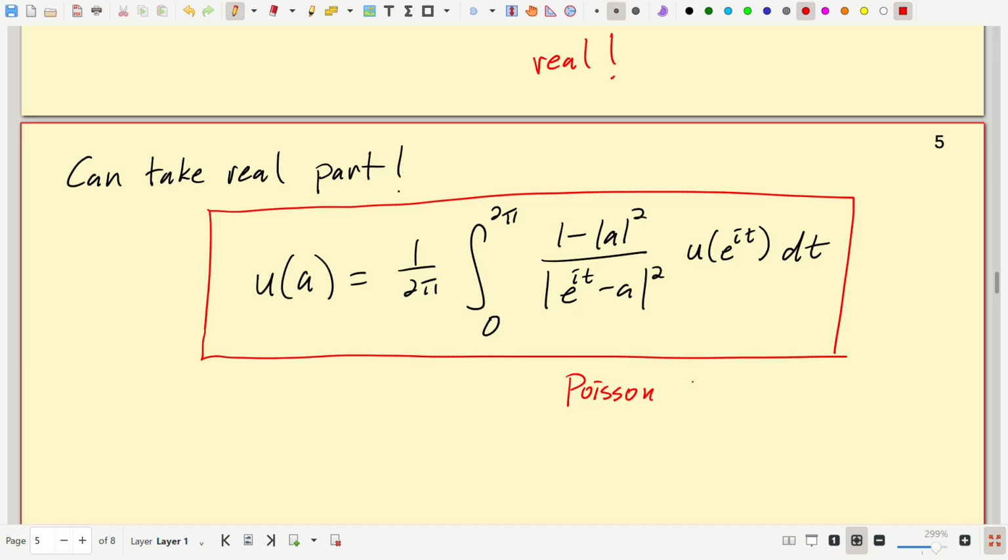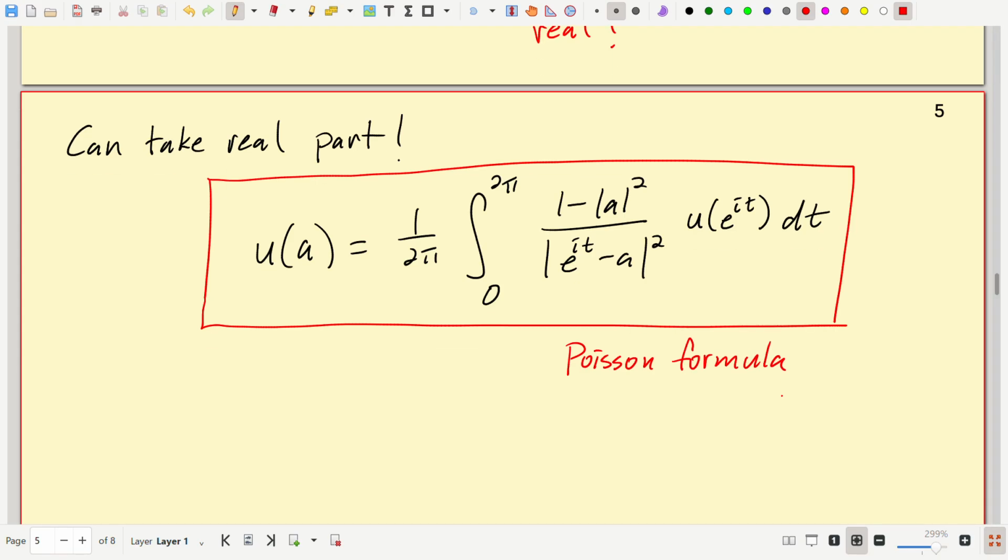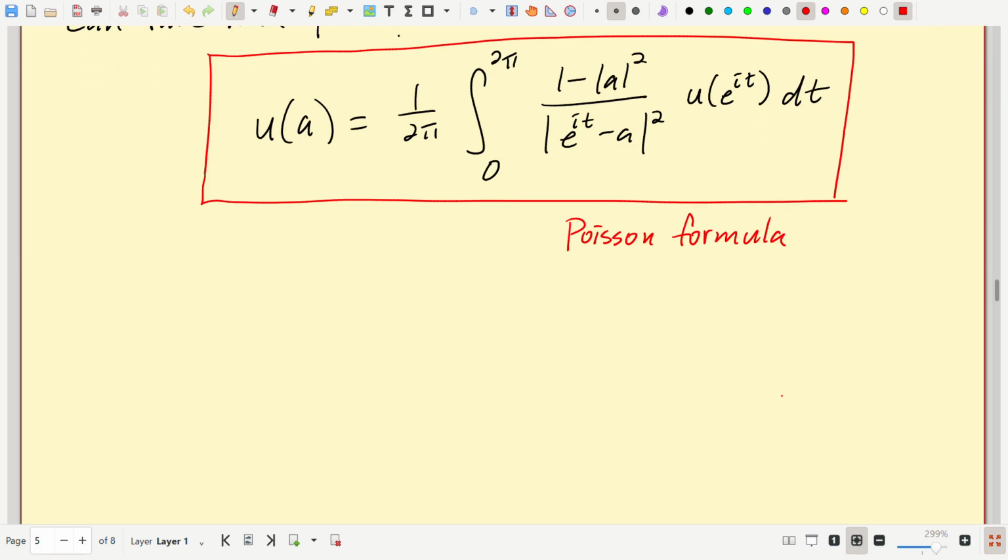That's my favorite form of it because it involves pretty geometric things. Let's see, what's the geometry here? I've got my circle of radius 1. There's the origin. Here's a. Let a be equal to r e to the i theta. And here's an e to the it.